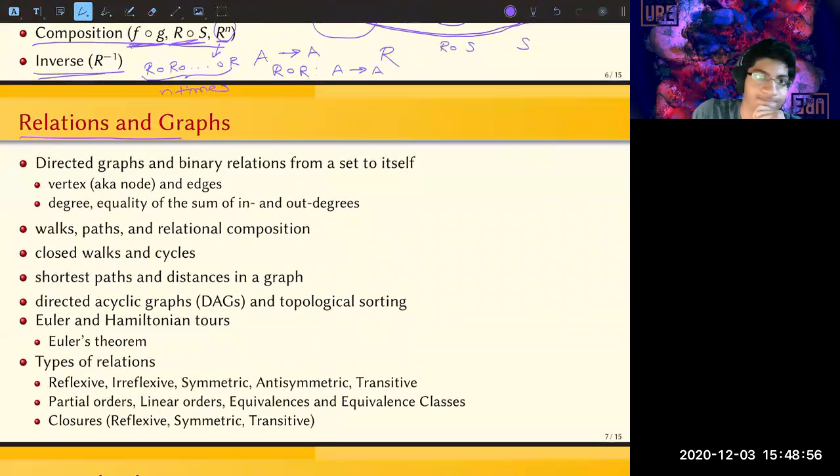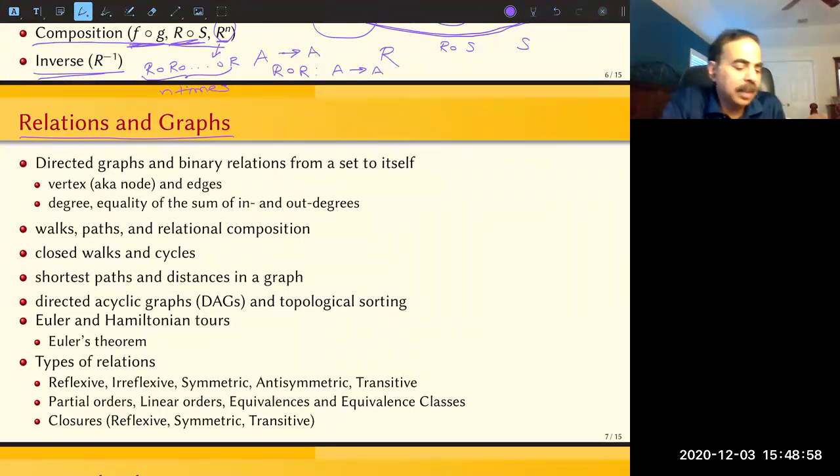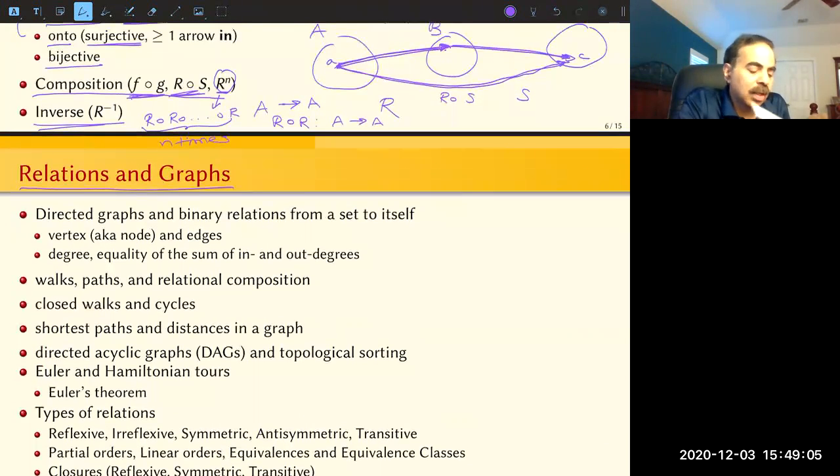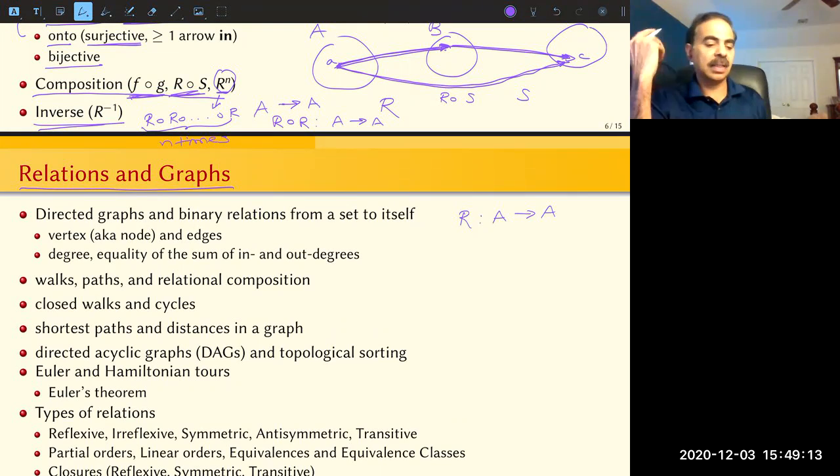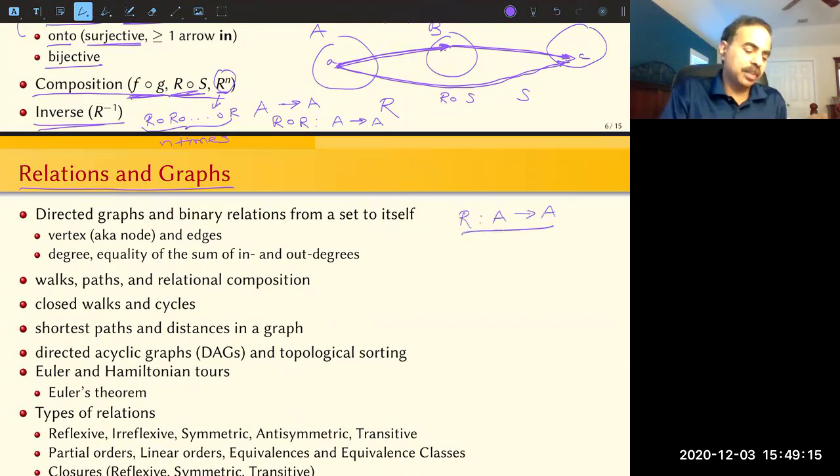Then we said that relations can be represented as graphs, right? Especially relations on a single set, so a relation that goes from a set to itself is of particular interest. And these relationships can be expressed using a graph.